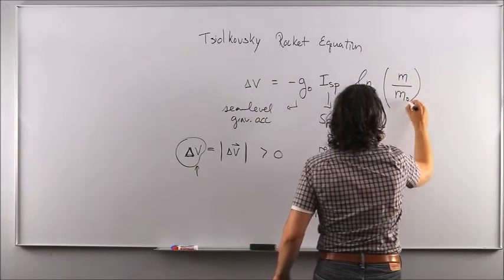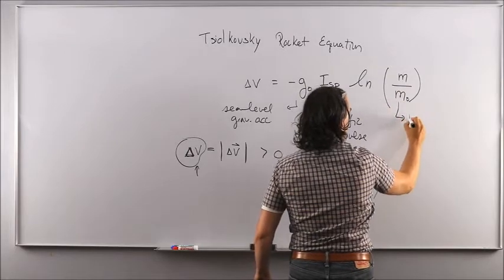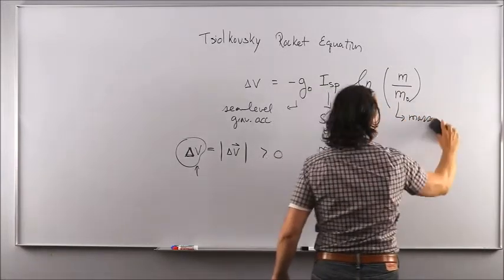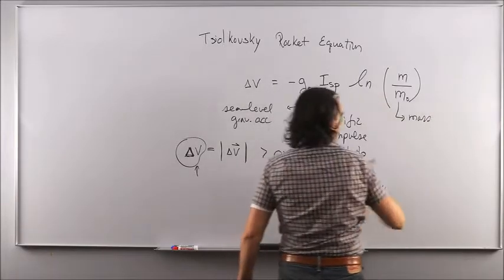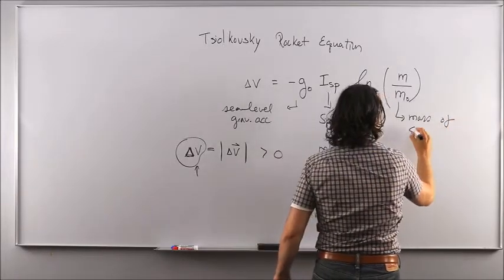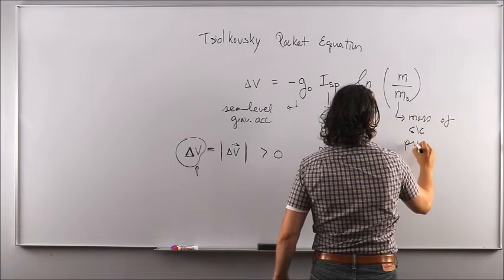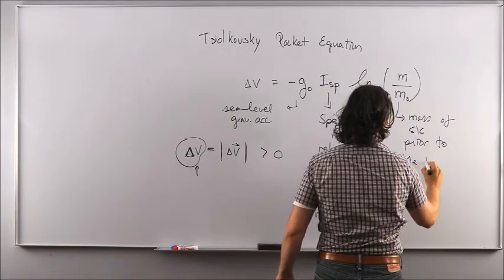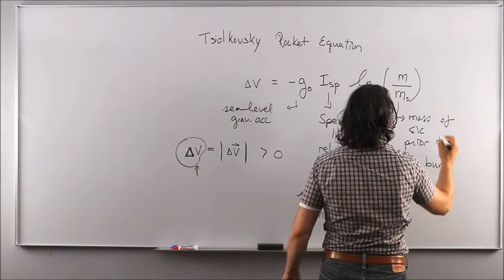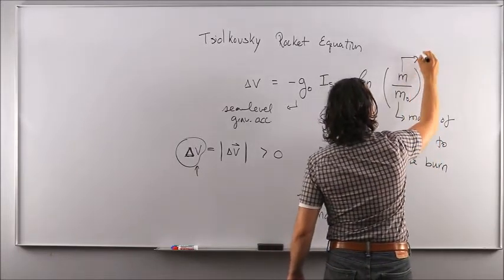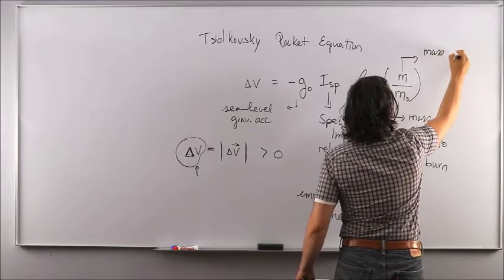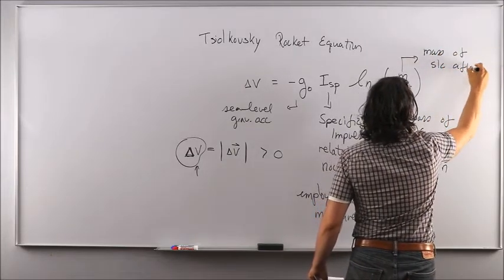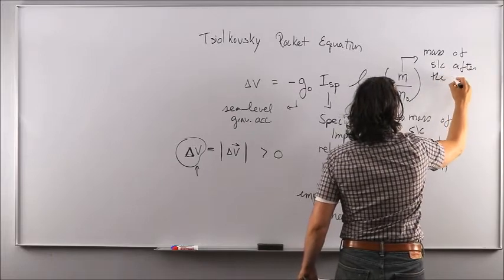where m naught was the total mass of the spacecraft prior to the burn or the maneuver, and m is the mass of the spacecraft after the burn or the maneuver.